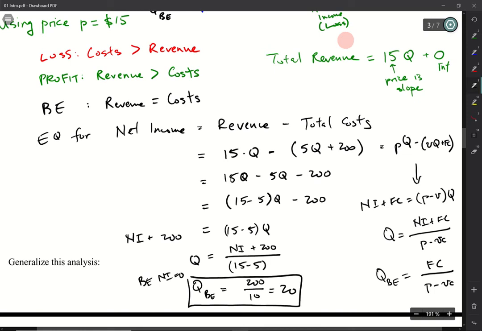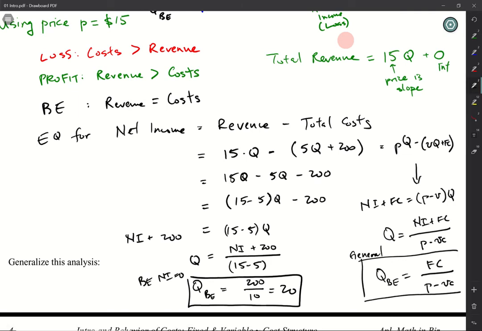So these are the numbers for this specific case, and this is the general case. Does that make sense? Yeah? Okay.